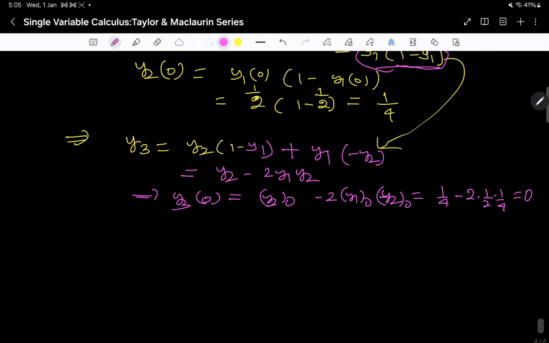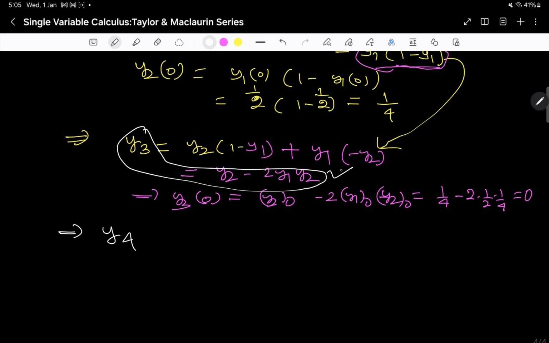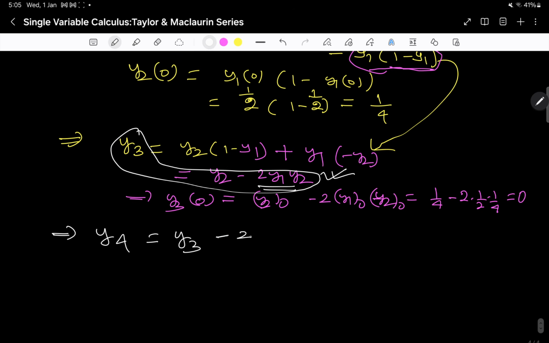Now the last one is y4, which I need to calculate. Similarly, I differentiate it to get y4. So this is y3, and again by the product formula, minus 2 y3 y1 minus 2 y2 square.